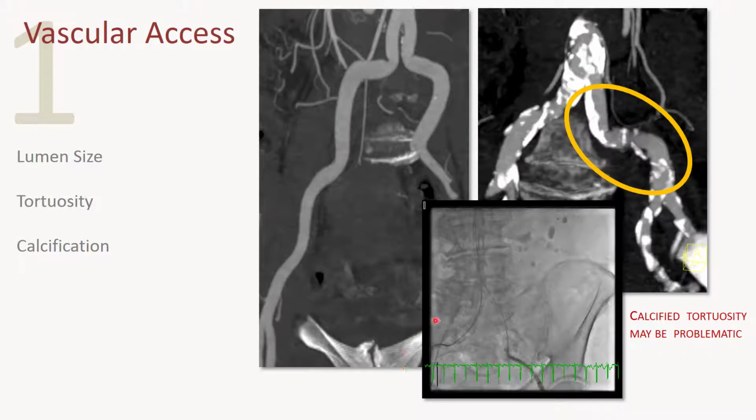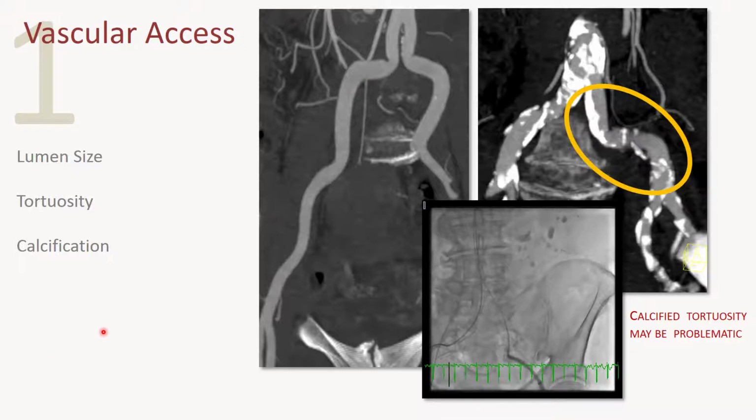And this is something that you have to be aware of, so you have to look at the combination of calcification and tortuosity, because this is a potential problem. Vessels that are tortuous and have no calcium are absolutely no problem. They will straighten when you put in a stiff wire. That's not problematic. It's just a combination of calcified tortuosity that can be an obstacle to the transfemoral approach.